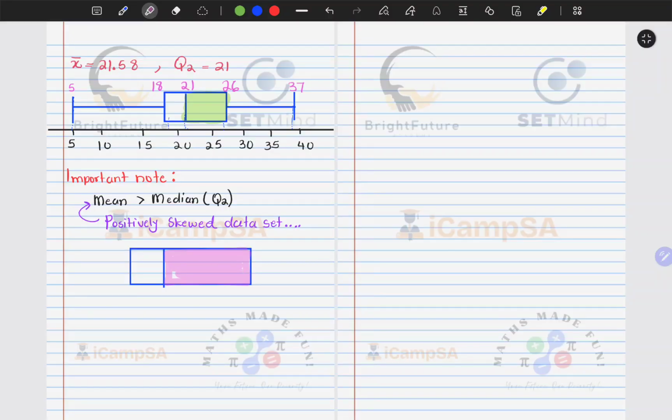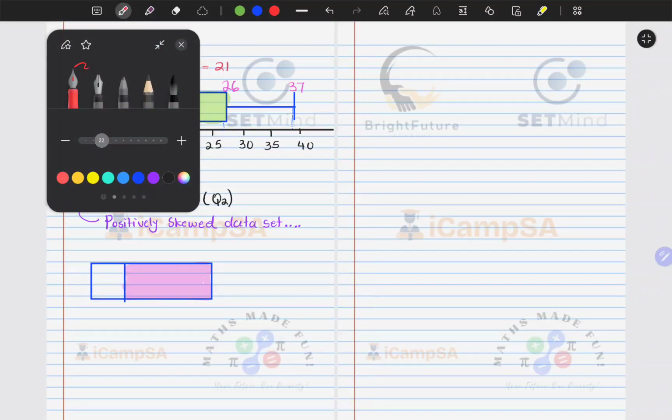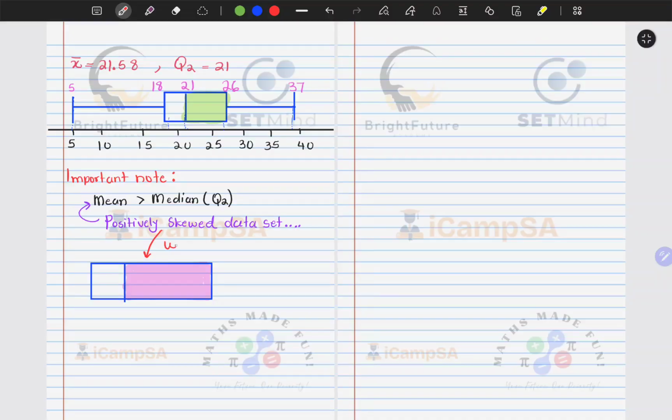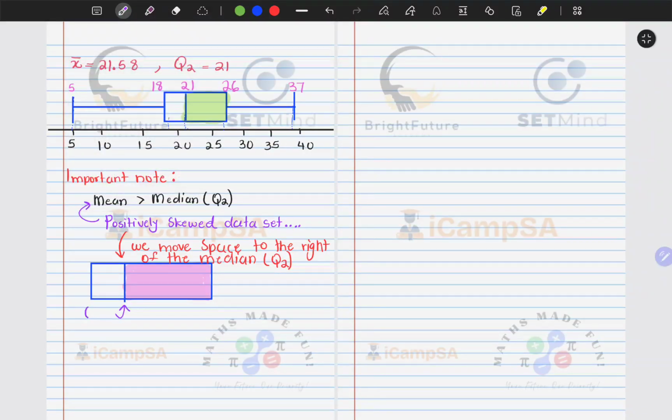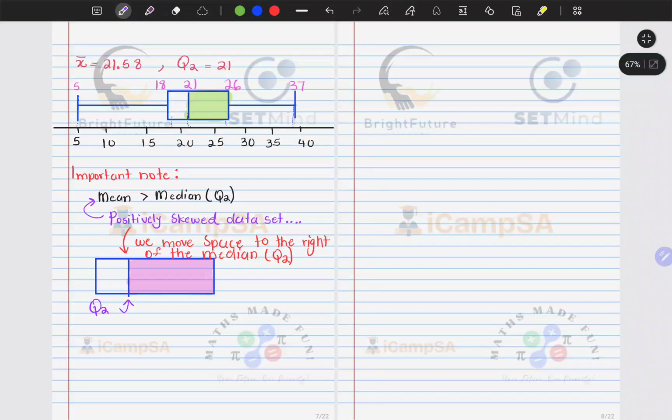What that means is we have more space to the right of the median, which is Q2. Remember, the point that is here is our Q2, which is also known as the median. This is very important, guys.